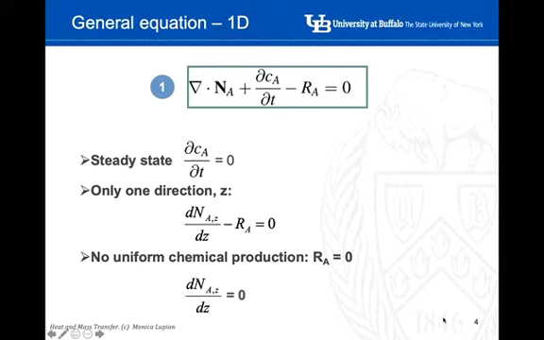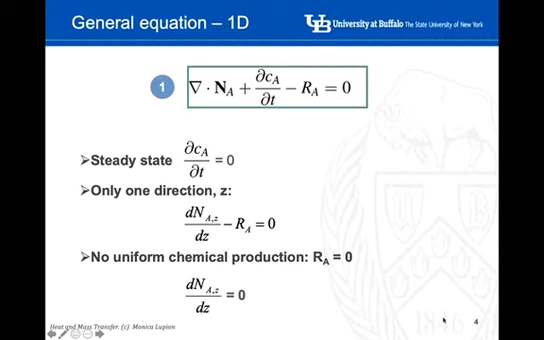We can say that this is equal to 0. This is the main difference between unsteady state and the cases that we covered in previous classes. In this particular case, there is dependence on time, so we cannot cancel this term in equation number 1. The rest of the assumptions could be very similar.